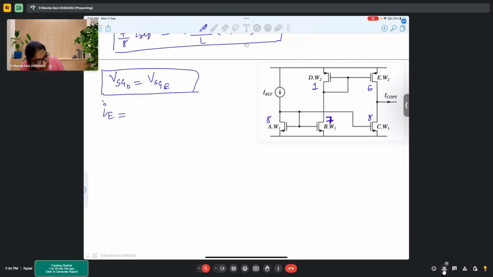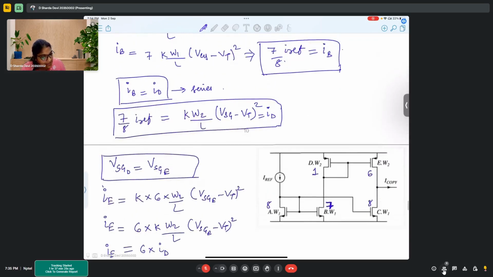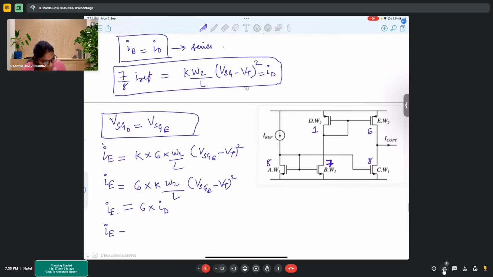So IE is K into 6 W2 by L, VSG minus VT whole square, which is 6 into ID. ID is IB, so IE is 6 into 7 by 8 IREF. This is IE.